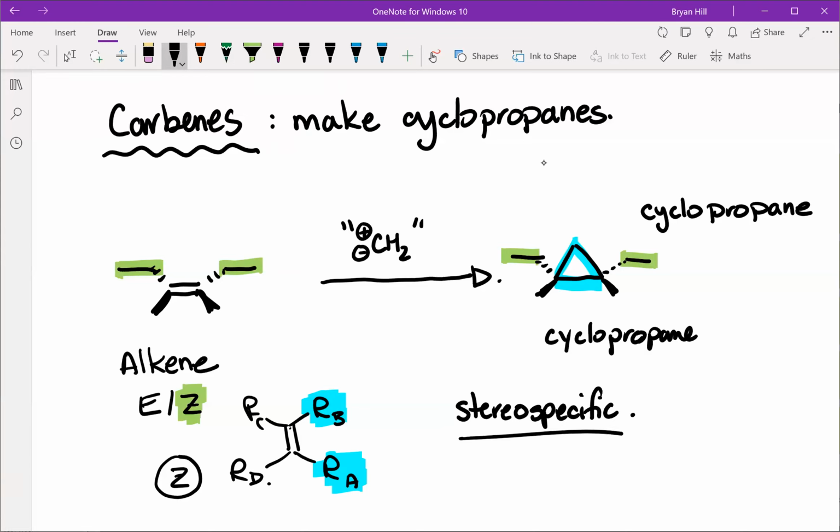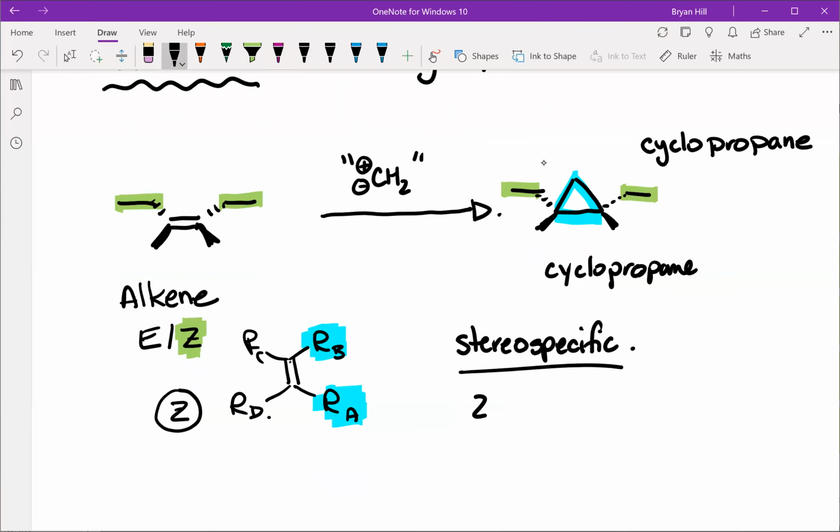If we don't have a definition of stereospecific, I'll dig up a better definition of it. But basically, it's saying if you start with Z, it's going to be Z, and if you were to start with E, you would end with E. So the stereochemistry of your starting material is important for your product.